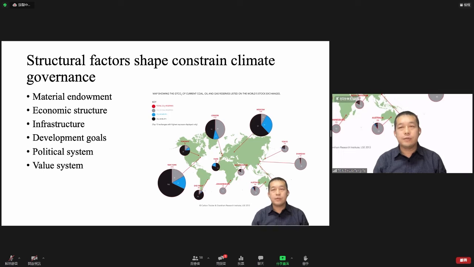And development goals, political systems, value systems, those are structural factors which shape and constrain climate governance. These structural factors constrain different countries to agree or disagree on specific targets in the international negotiation.